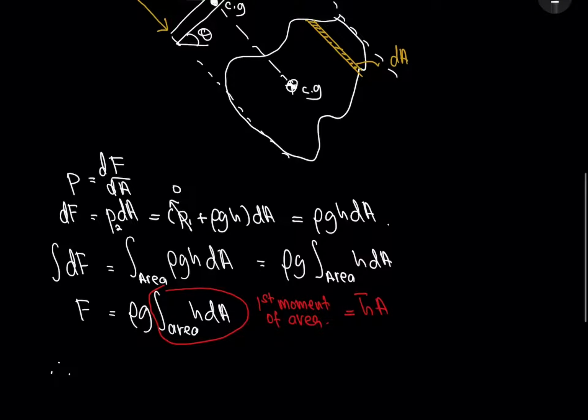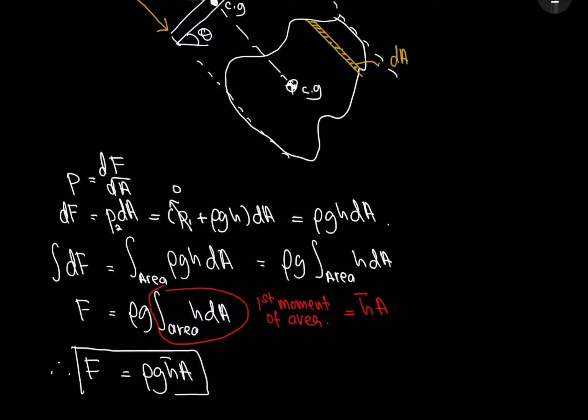So by that we can say the magnitude of the hydrostatic force on a plane surface is equal to rho g h bar times A. This is the magnitude given by the fluid to a plane surface.